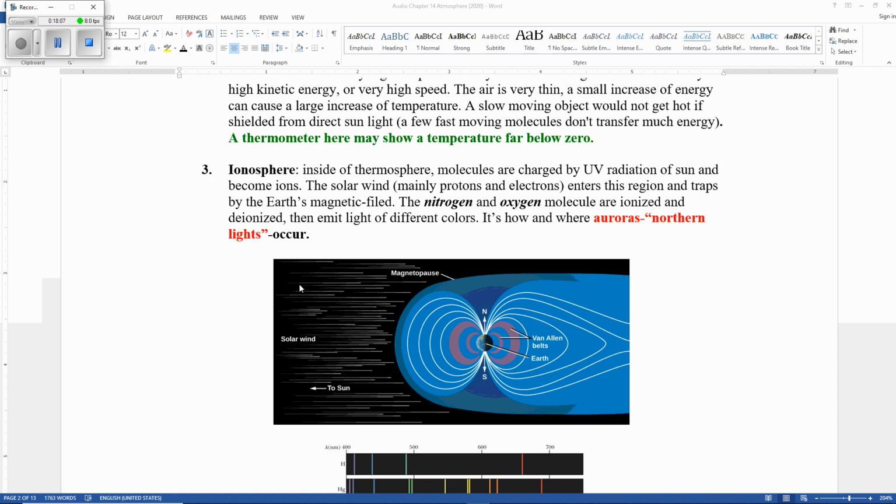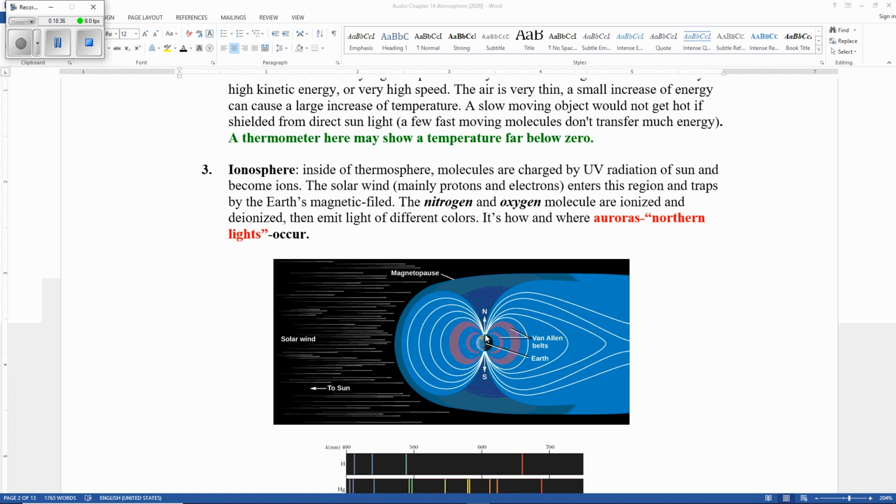That's the charged particles from the sun, travel all the way, take 9 minutes, come to the Earth. So what is solar wind? What's inside? Mostly protons and electrons.